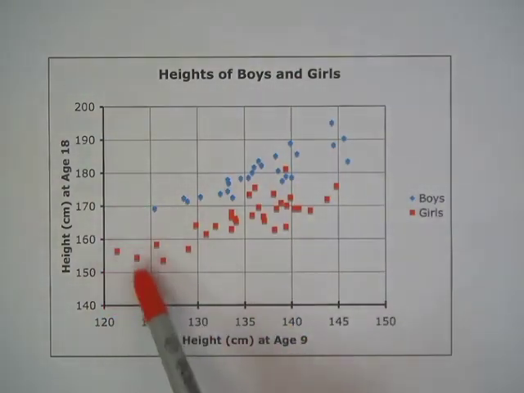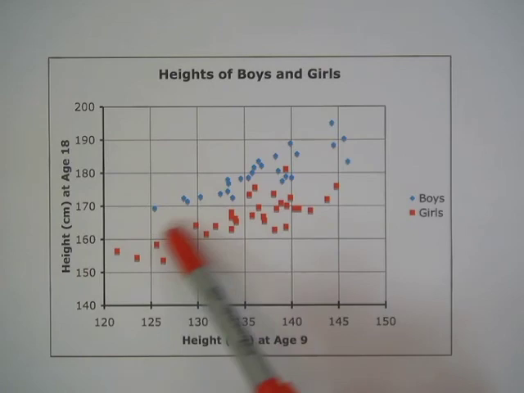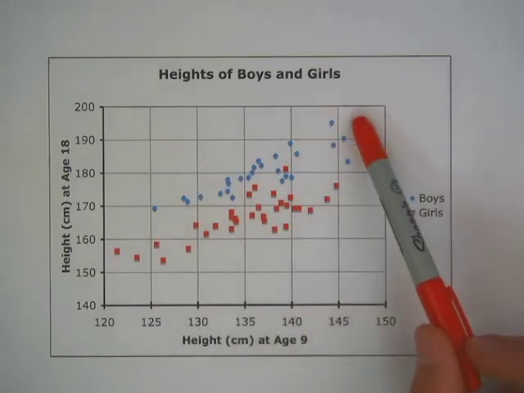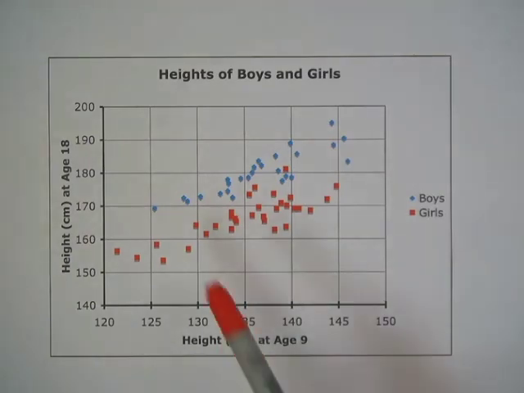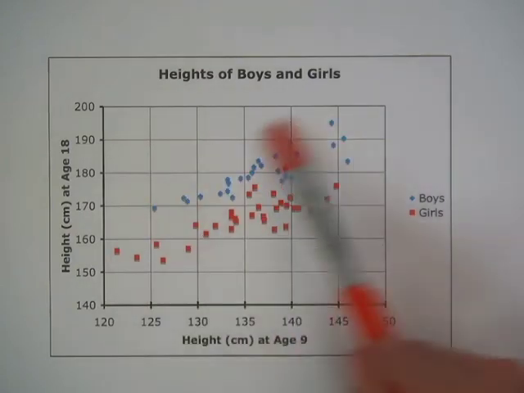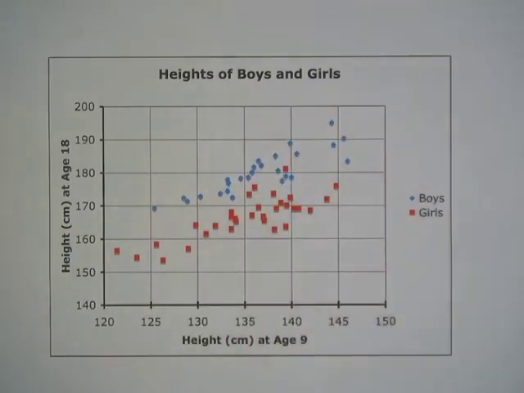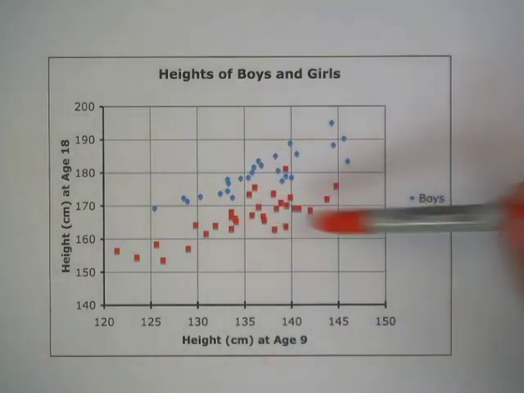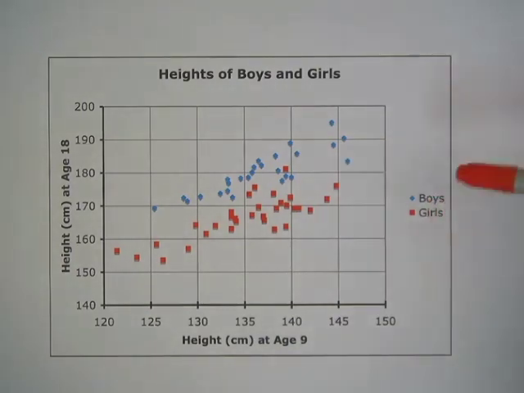We can see that girls seem to be almost consistently lower than the boys. We can also see that there are a few girls over here that were shorter at age 9. This is a way to use a scatter plot to graph multiple data sets. If you're not able to do this in color, a lot of times you'll just use different symbols for the 2 different populations.